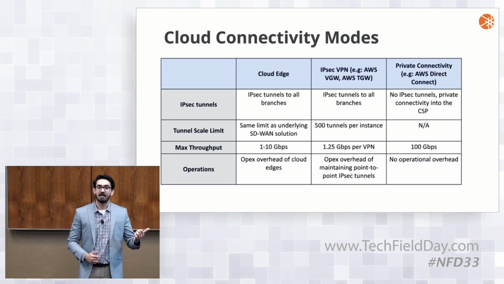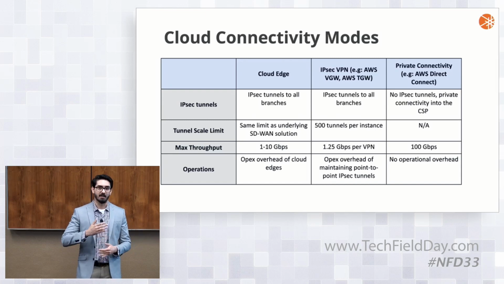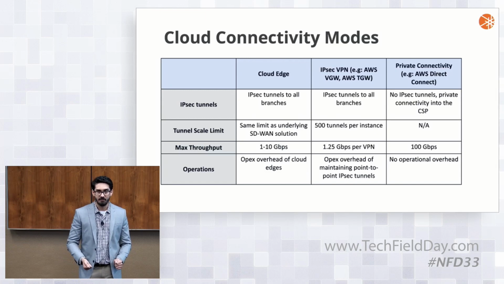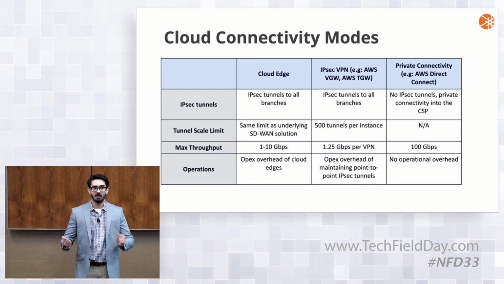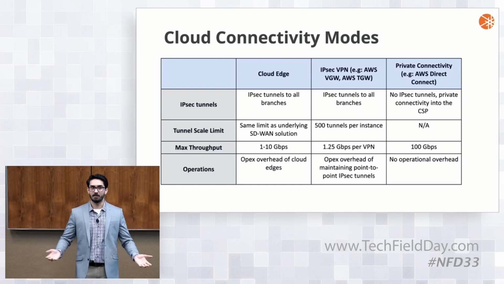Now the third model has become more popular recently, and it's a much newer model compared to the other two, where the focus is how do you get private connectivity into these public clouds? How do I use Direct Connect or Express Route to be able to connect into my AWS or Azure environment? It comes with a lot of benefits. First of all, no tunnels.